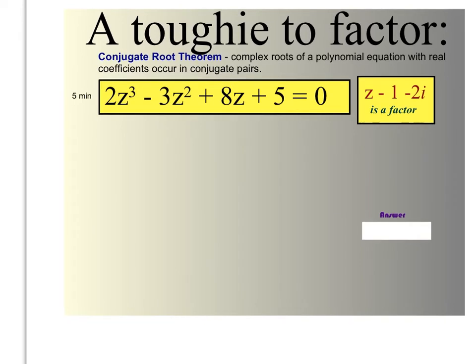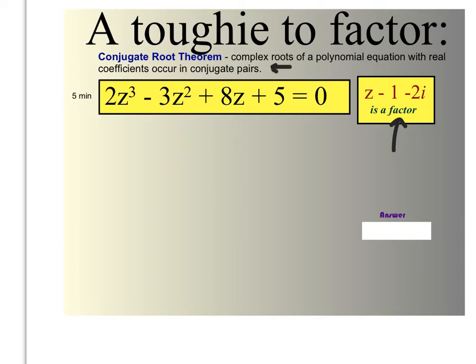Okay, so in this case I've got a cubic. I can't use factor by grouping. I'm given this hint that z minus 1 minus 2i is a factor. So the first thing you need to know is what we've got written here, the complex root, or conjugate root theorem, which is just this.